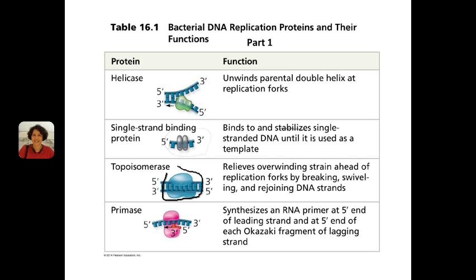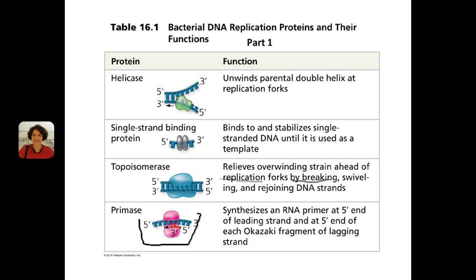Topoisomerase relieves the torsional strain, also called overwinding strain, that is formed ahead of the replication fork by actually breaking the strands, letting them swivel, and letting them rejoin.